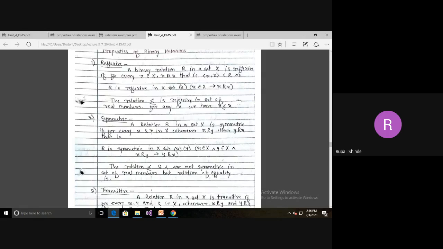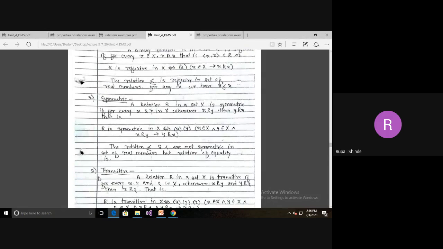Whenever x is in relation R with y, then y is in relation R with x. So if any ordered pair (x, y) belongs to relation R, then (y, x) must belong to that relation R. Then only we can say that relation R is a symmetric relation.